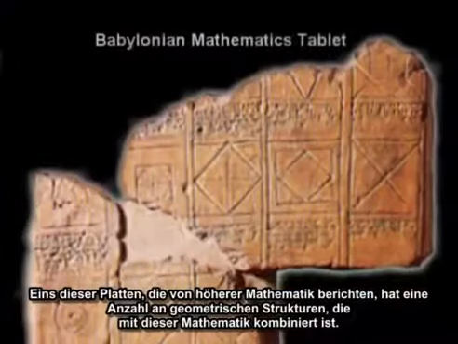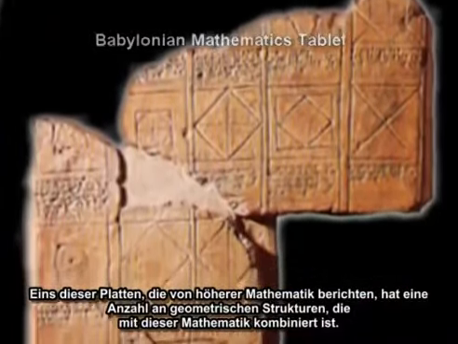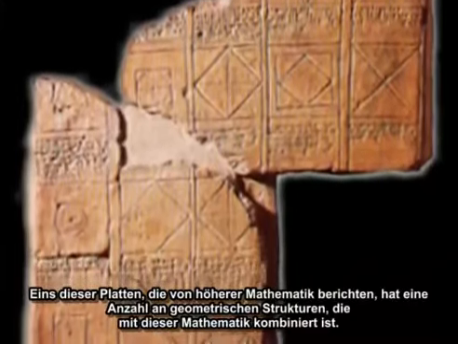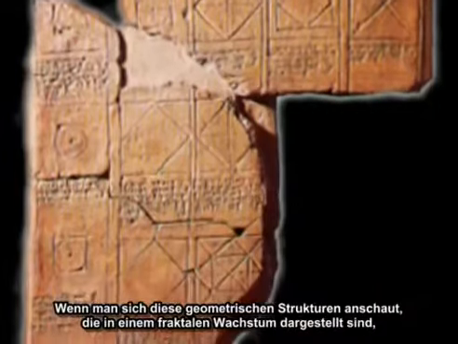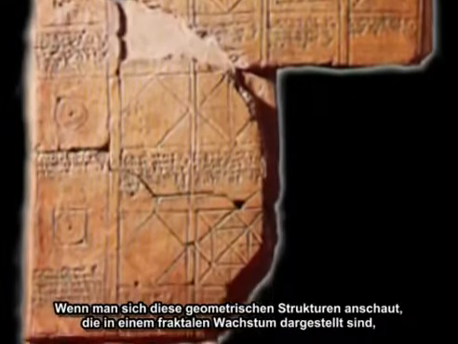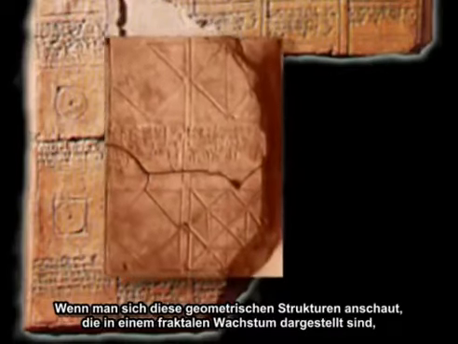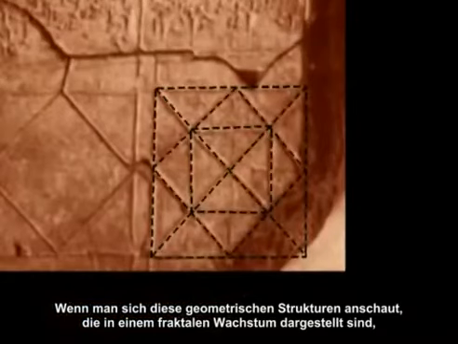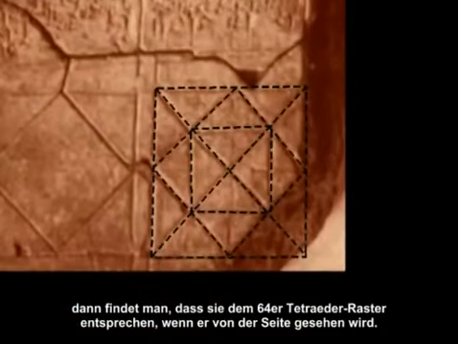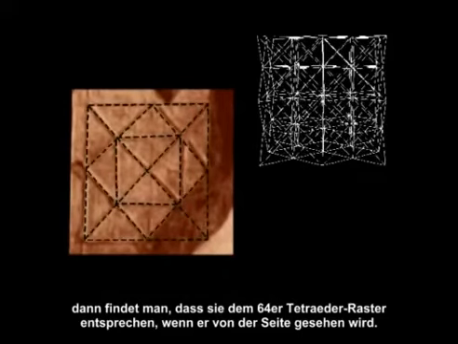One of these plates that talks about advanced mathematics has a set of geometric structure combined with these mathematics. And sure enough, when you look closely at this geometric structure on those tablets, which are in fractal growth, they match perfectly the 64 tetrahedron grid when it's on its side.